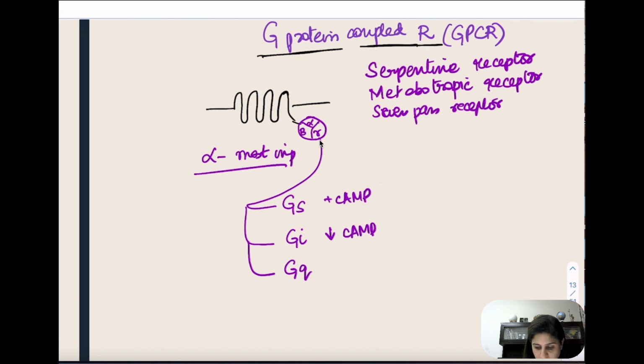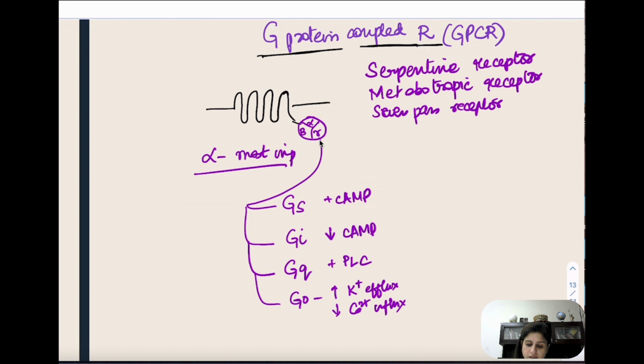Then we have the GQ type. GQ types stimulate another enzyme, phospholipase C. Then we have the GO type. It almost functions like a GI only. Basically, it is involved in the channels. They can increase the potassium efflux through the channels, or they can decrease the calcium influx through the calcium channels.